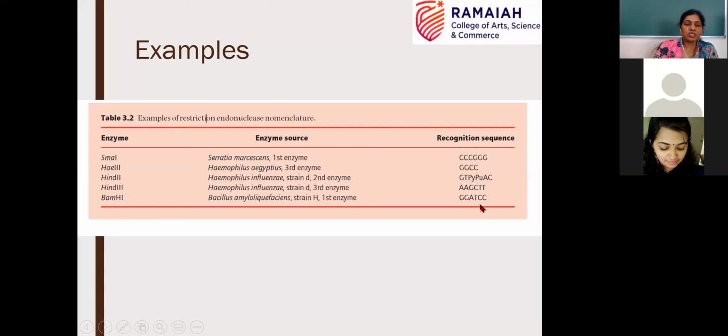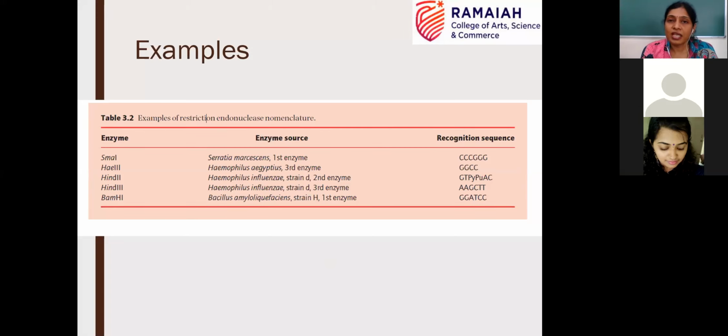I told you sometimes the DNA source from which the enzyme is isolated is also indicated. Take EcoRI, which is not given here as an example. That's a very common restriction enzyme. All of you must be aware of this EcoRI enzyme. Obviously, the source organism from which the enzyme had been isolated is Escherichia coli.